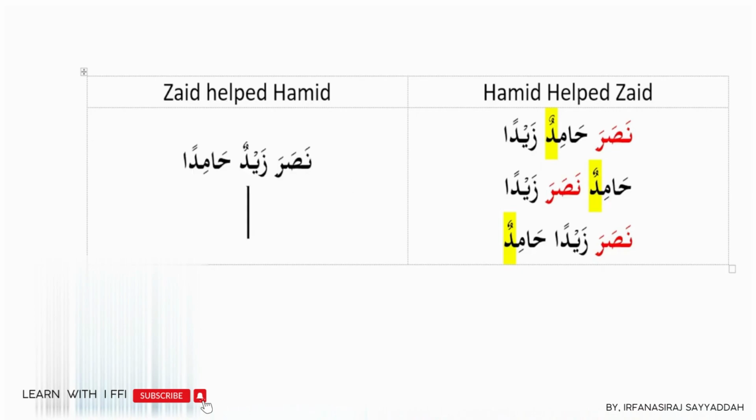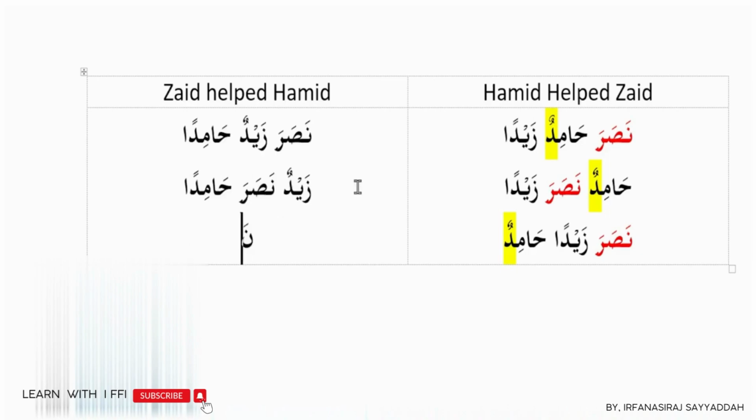Nasara Zaidun Hamidan. In the second example, we will put Zaid first, Zaidun, Nasara, and it will put Hamid at the end. So again, you can see the order has been changed.